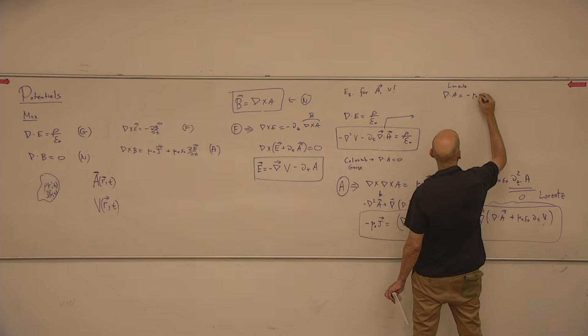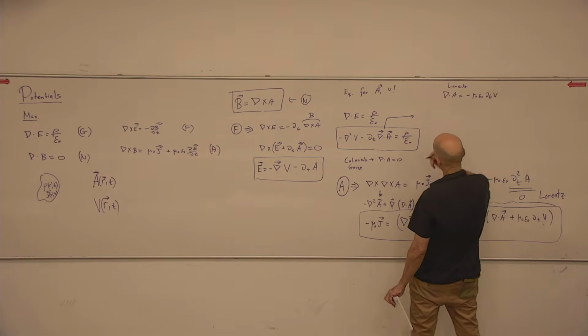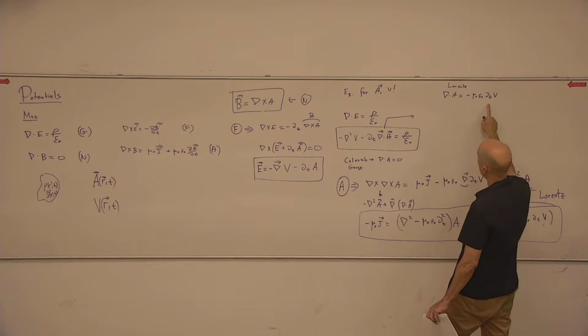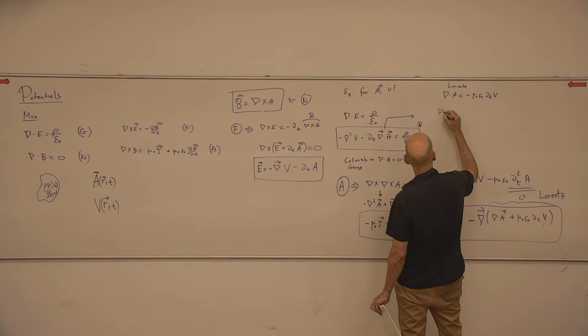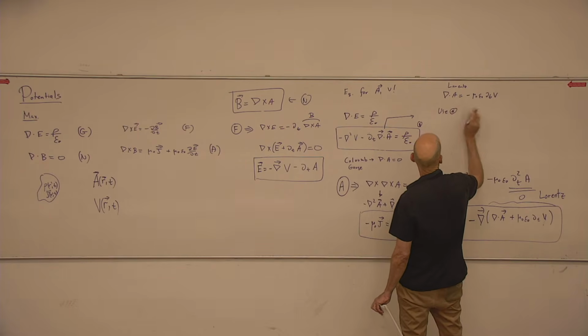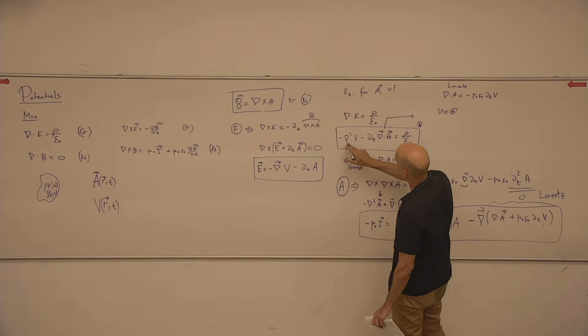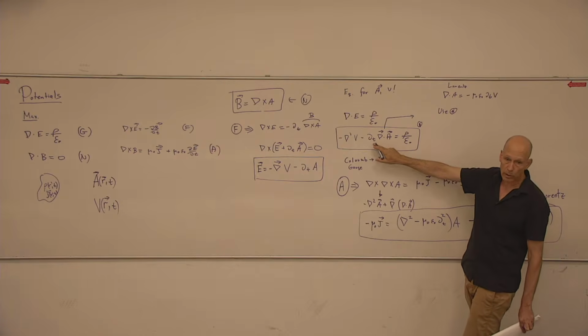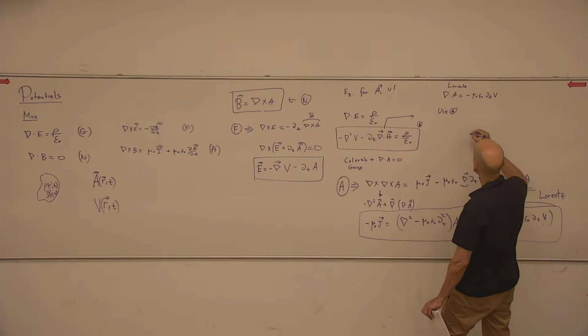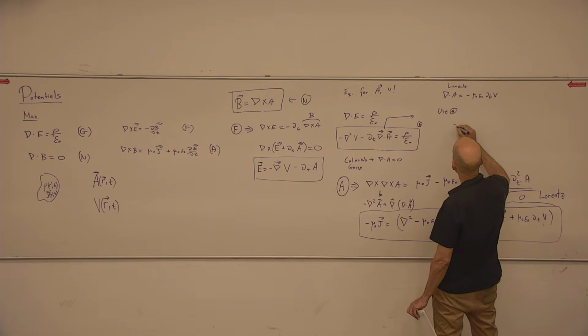Minus mu0 epsilon 0 dV/dt. So when I plug it in, I'll have here the second derivative, and then I'll have here a plus, and the second derivative with respect to time. I hope you all see it. And then what we get is minus.